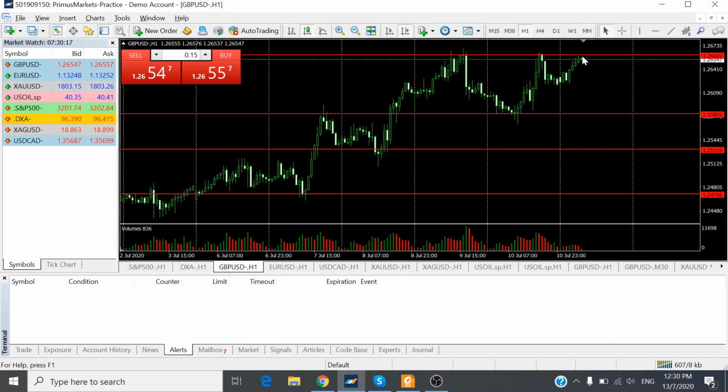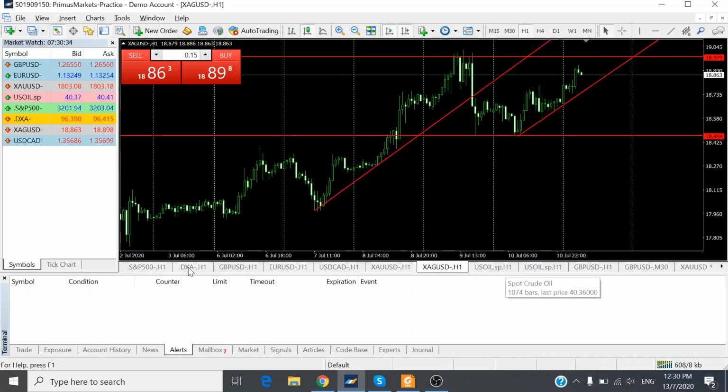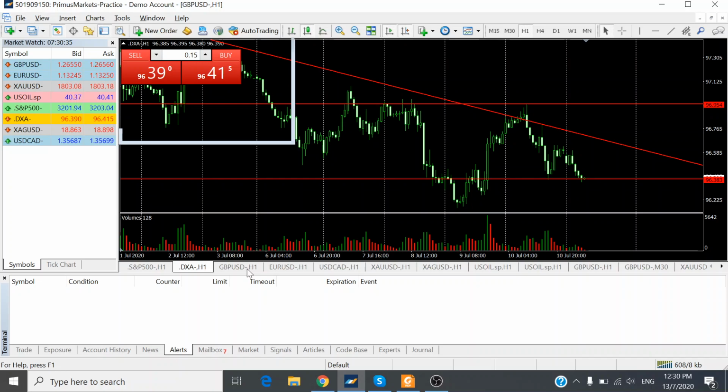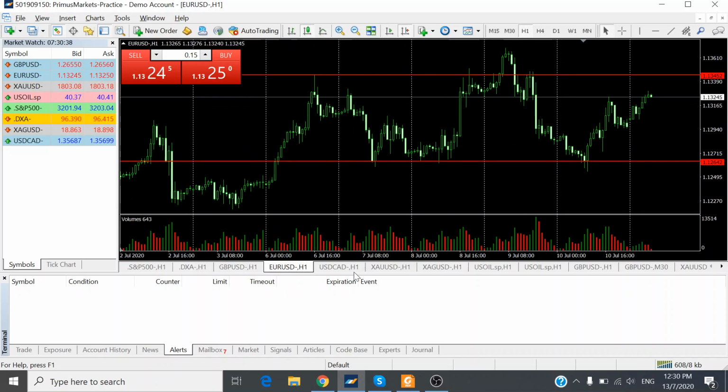This is a big may. It could either test this and come back down, or test this and break higher. Either way, during the afternoon or evening sessions is where we will know where the market is going to go.